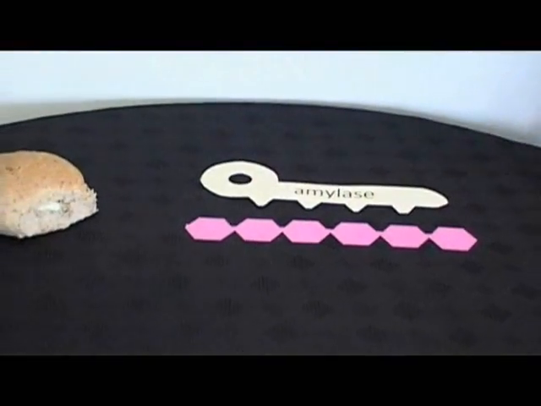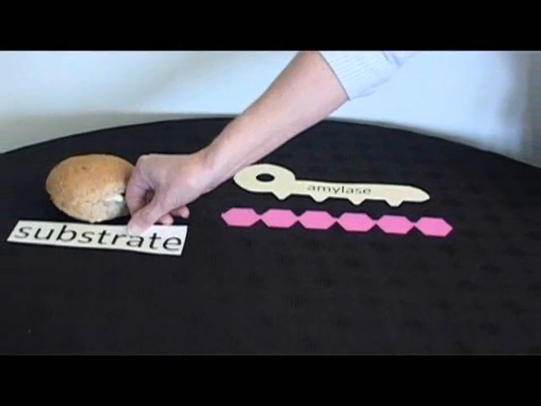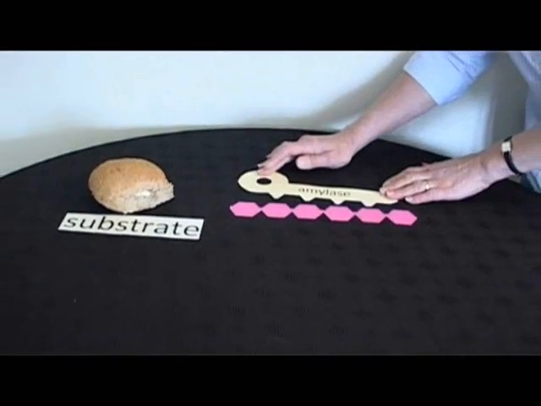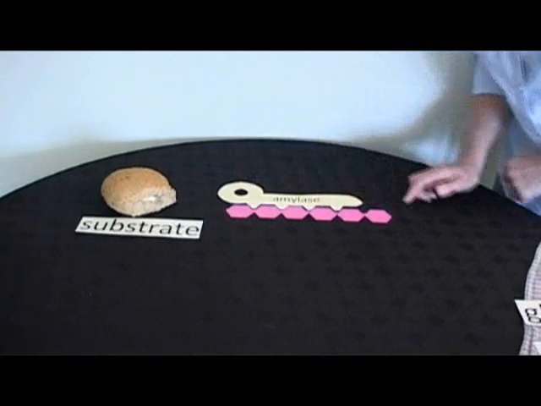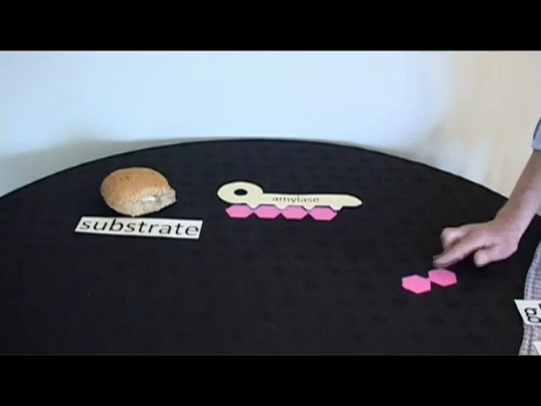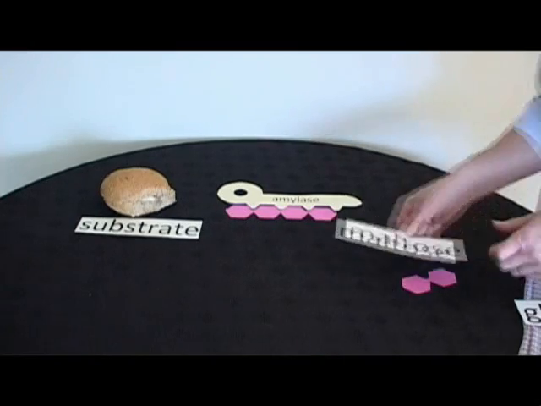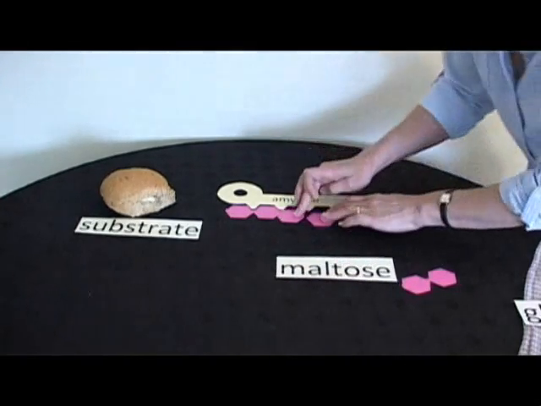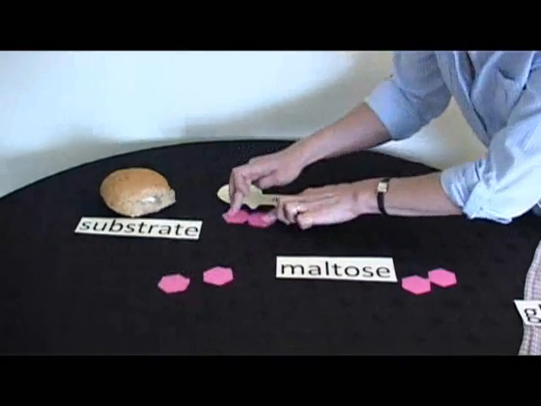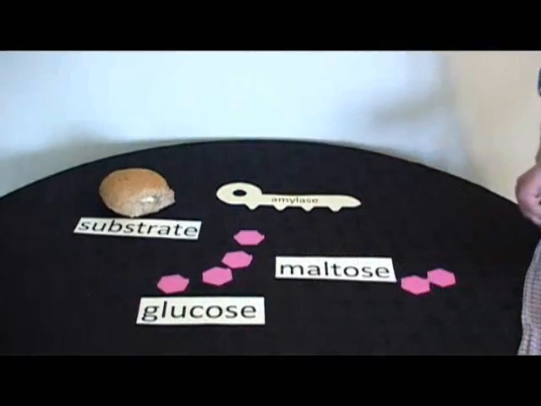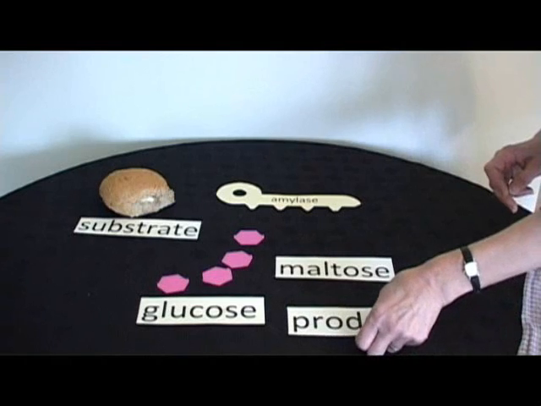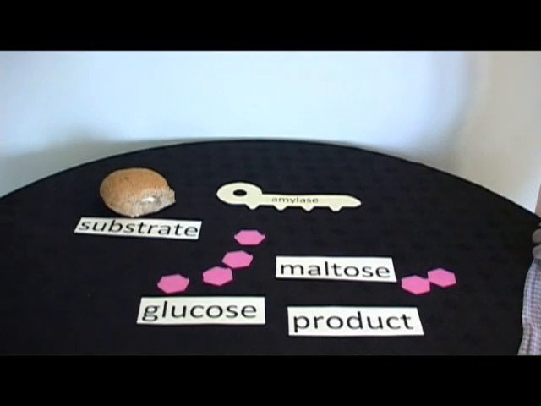Enzymes called amylases break down starch, known as the substrate, into products that are simple sugars like maltose and glucose. These are the products of digested starch.